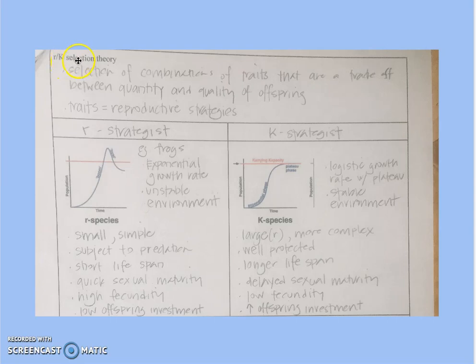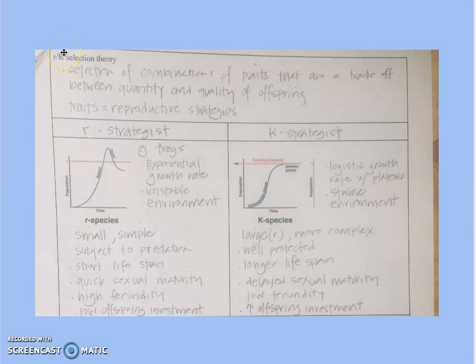So it refers to the theory that organisms are going to have adaptations, physical adaptations and physiological functional adaptations, where they're going to either have a reproductive strategy that makes them grow really fast in environments and produce a ton of offspring, and then there's a high mortality of those offspring.